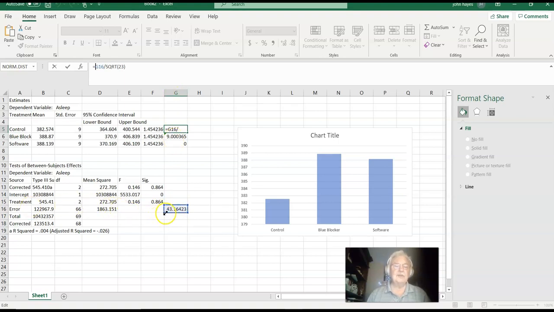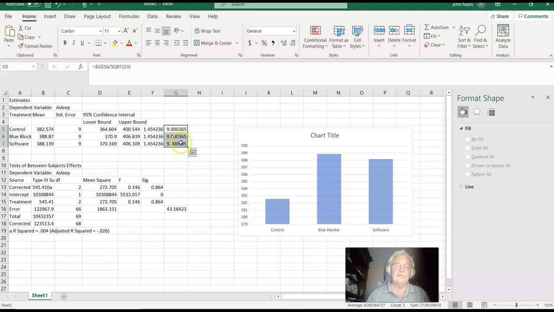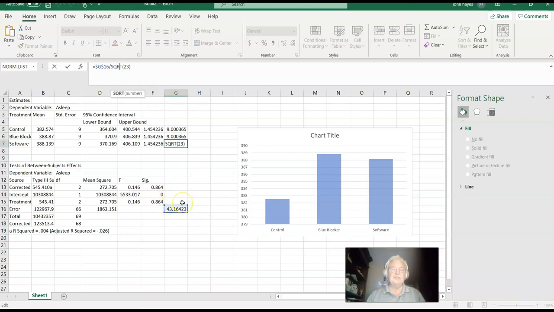The other thing we can do is hit the function key F4. I don't know how you do that on a Mac, but on a PC you just hit the function key and it puts a dollar sign in front of both of those. Now when we copy it down, it fills it all in. So on this one, we can see it sticks this G16 here.